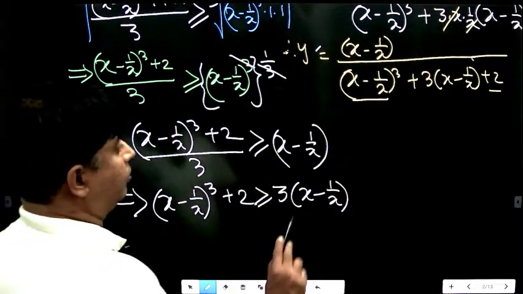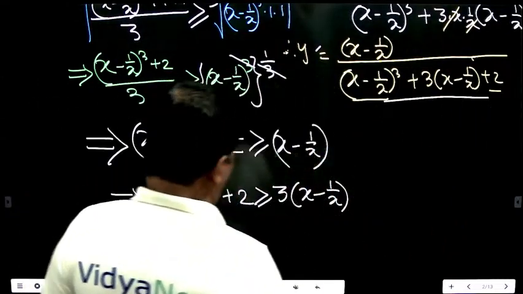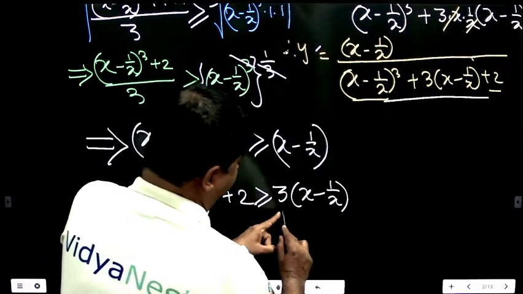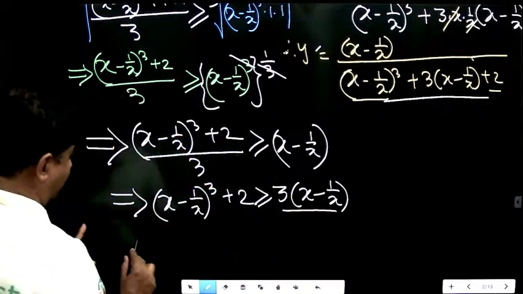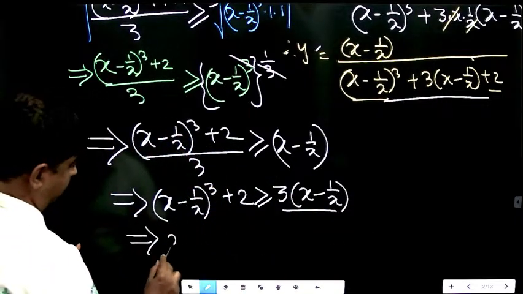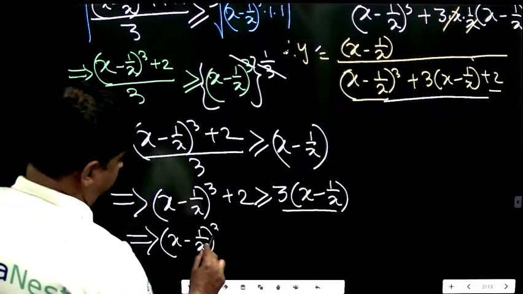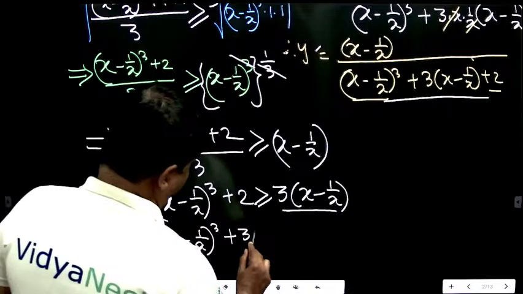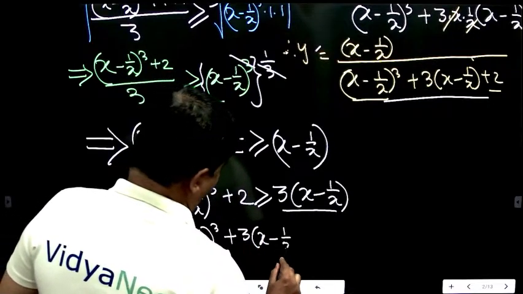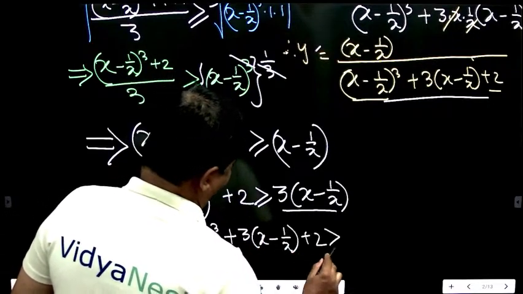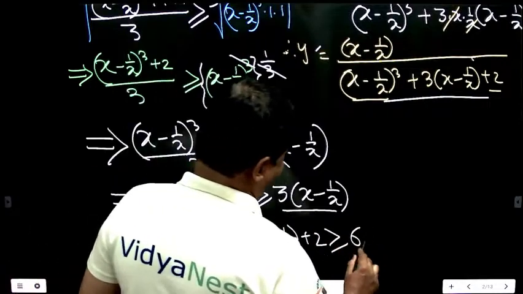So to get this expression, you add this thing on both sides. You add 3x minus 1 by x in the left hand side as well as in the right hand side.